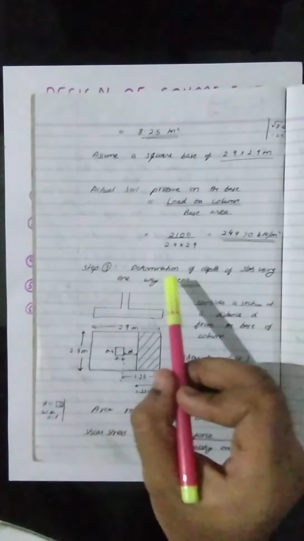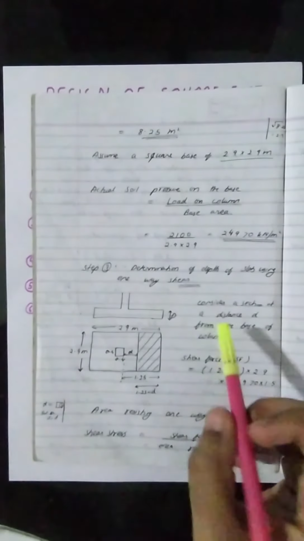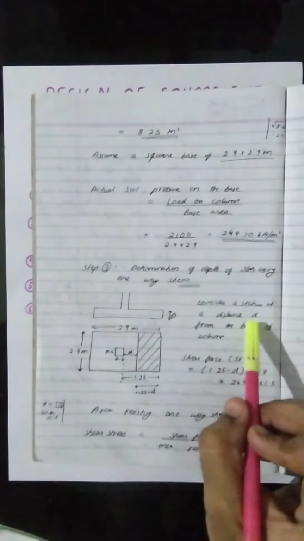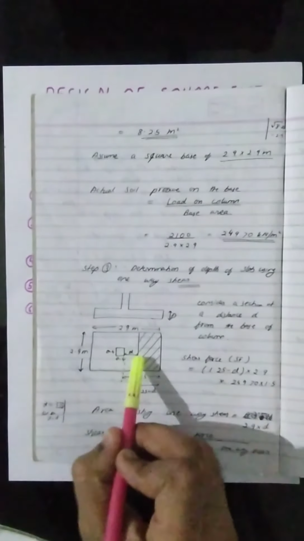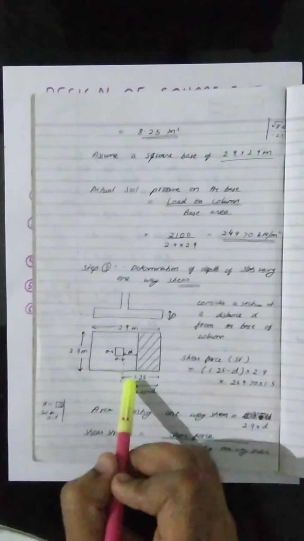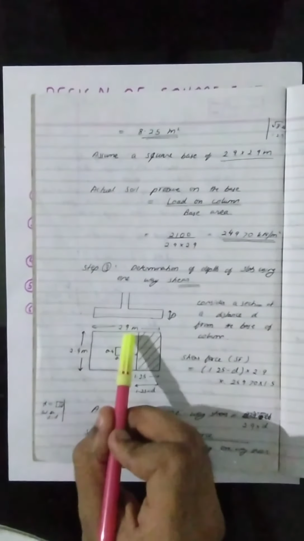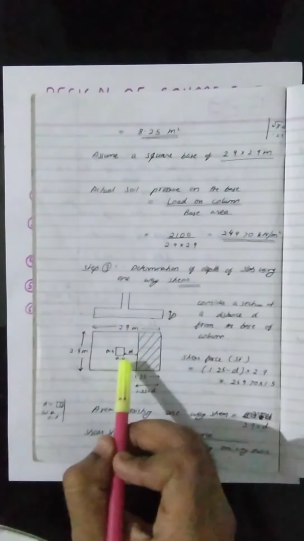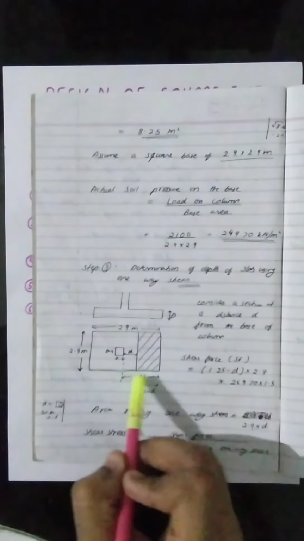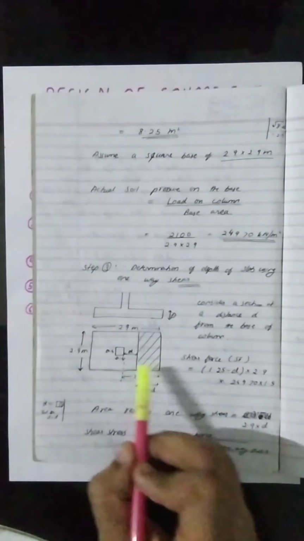Step 3. Determination of depth of slab using one-way shear. Consider a section at a distance of d from the base of column. This is the column base and we have to consider a distance of d. The distance will become 1.25, that is 2.9 divided by 2 minus 0.2. Then we will get it as 1.25, and this distance is 1.25 minus d.